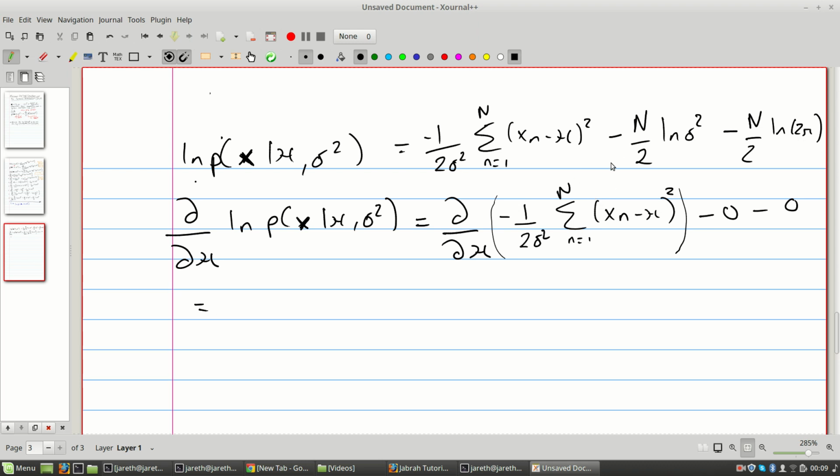So to be able to do that, first we should just take the derivative here. By using the chain rule, you take the derivative outside, multiply by the derivative of what's inside, and so forth. So if we move this 2 here, we would have minus 2 over 2 sigma squared, summation n equals 1 up to N times (xn minus mu).